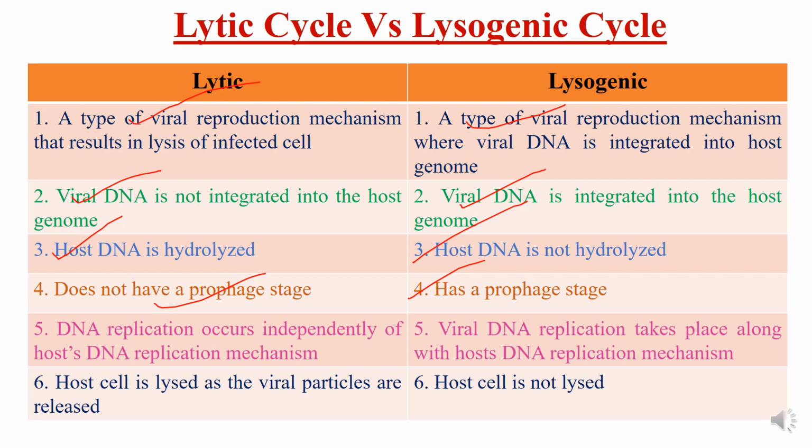But in the lysogenic cycle, viral DNA replication takes place along with the host DNA replication mechanism. In the lytic cycle, the host cell is lysed as the viral particles are released from the host cell. In the lysogenic cycle, the host cell is not lysed. This is the total difference between the lytic cycle and the lysogenic cycle.